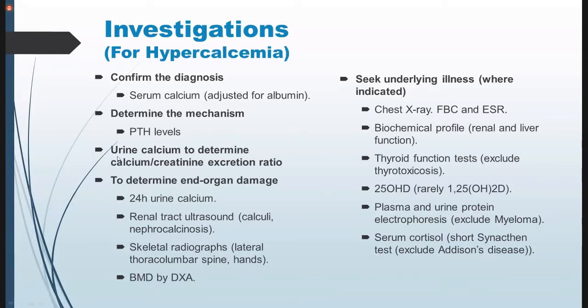You have to further confirm it by doing the urinary calcium to determine the calcium creatinine excretion ratio, and determine end organ damage by doing the 24-hour urinary calcium, renal tract ultrasound to see whether there are calculi or nephrocalcinosis, and skeletal radiographs, the lateral thoracolumbar spine and the hands, to see the typical findings of hypercalcemia due to hyperparathyroidism.